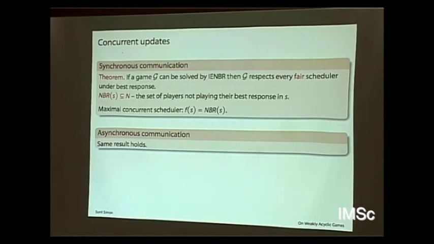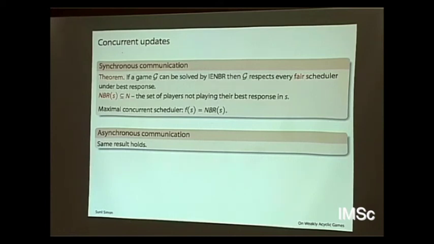Again, the interesting thing would be to show something like a characterization. This is just one direction of it. Remember that in potential games you had this very nice structural characterization which said that potential games are the same as congestion games. For weakly acyclic games, we don't have any such characterization. The best that I know of says that if you take a game and all the subgames have a unique Nash equilibrium, then you can show that such a game is a weakly acyclic game.